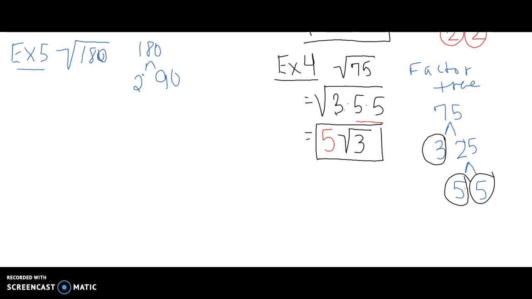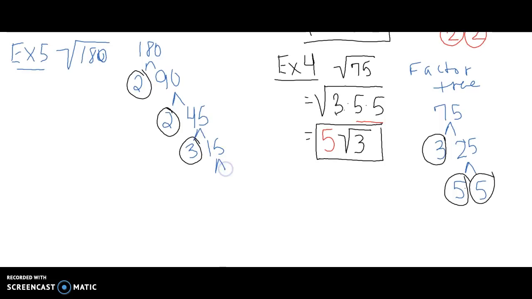The 2 is prime, so I can't factor that anymore. However, the 90, I can factor that some more. I can divide it by 2, so that's going to be 2 times 45. Again, my 2 can't be factored anymore, so I'm just going to let it be. The 45, I can't divide it by 2, but I can divide it by 3. That's 3 times 15. So I have a 3 that's prime.